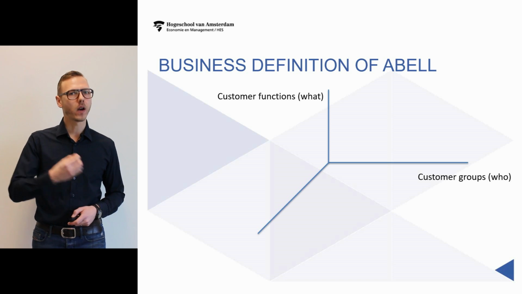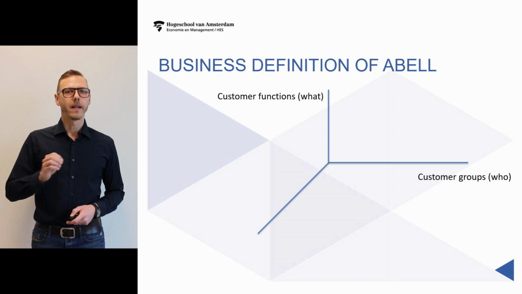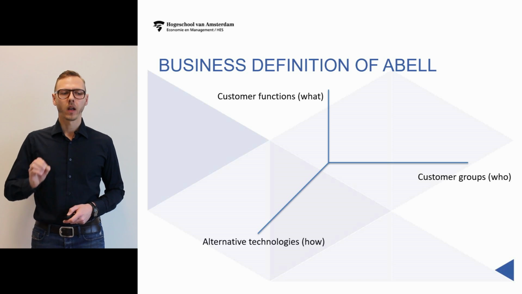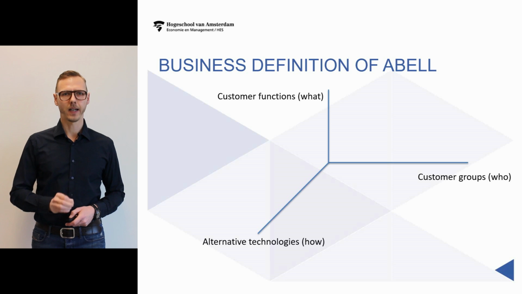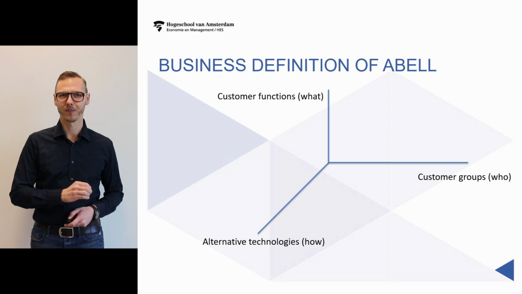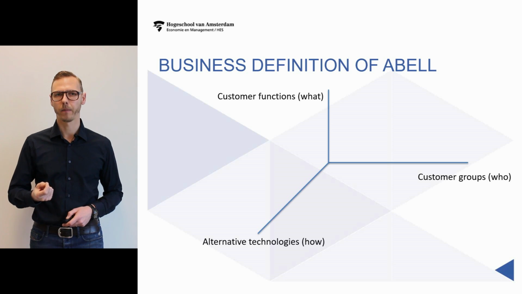These customer functions are what these customers are searching for in your product. What kind of needs do they have? The last axis is how they fulfill these needs, via which technologies. So the technology axis is the last one. In what way, with what technology, are they fulfilling these needs?